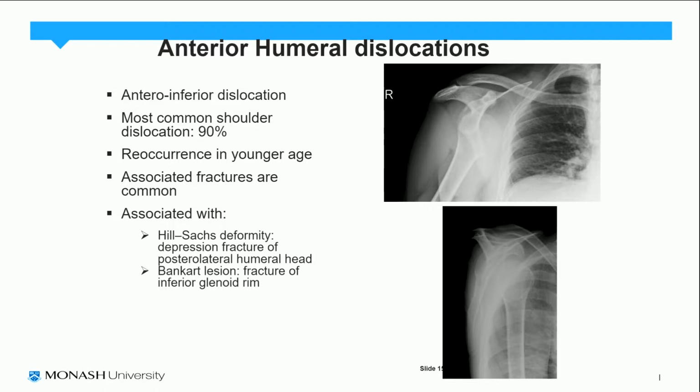So on this image, on the AP view, you can see that the humeral head lies inferiorly and more towards the middle, and also on the lateral view, the Y view, you can see that it's more medial and inferior as well.